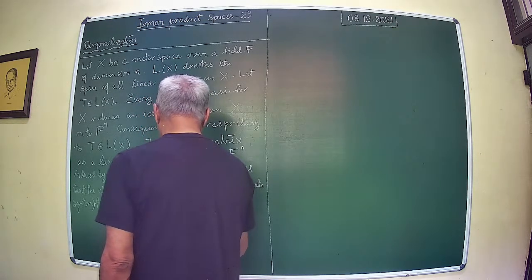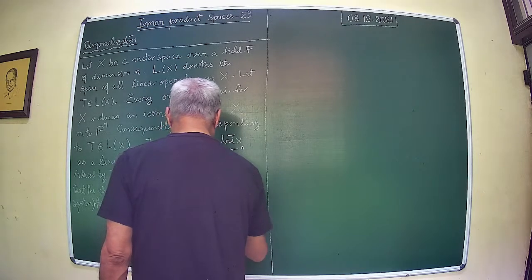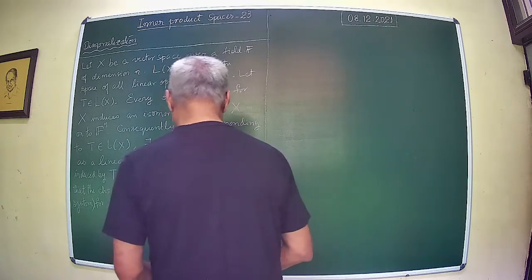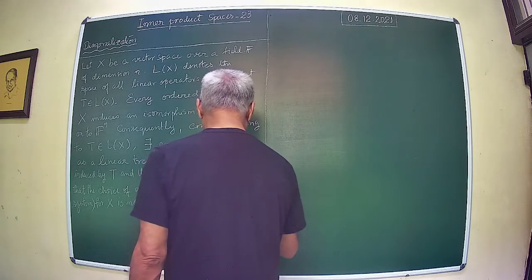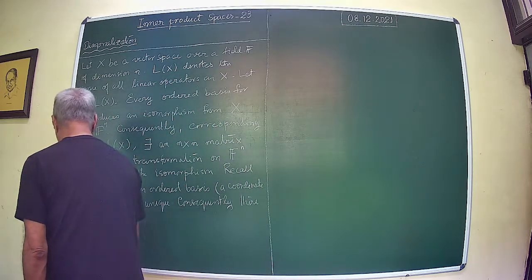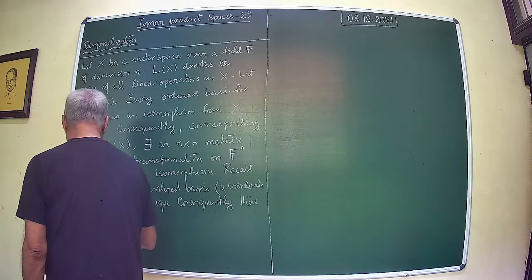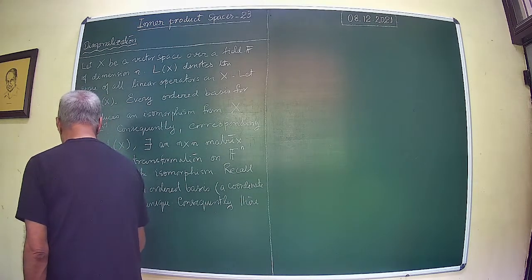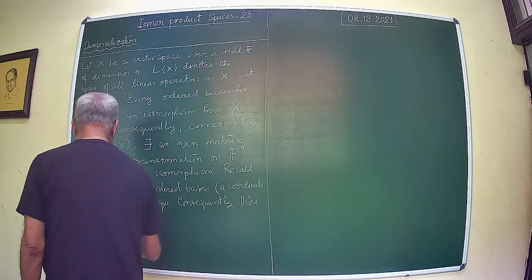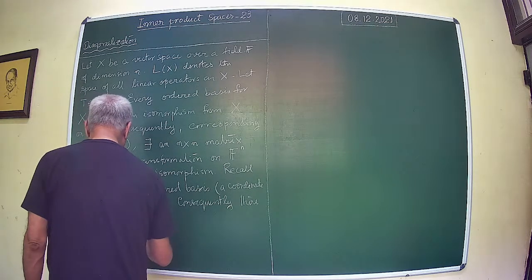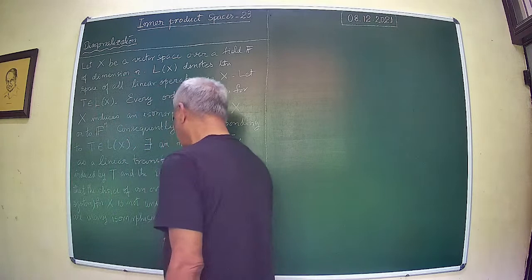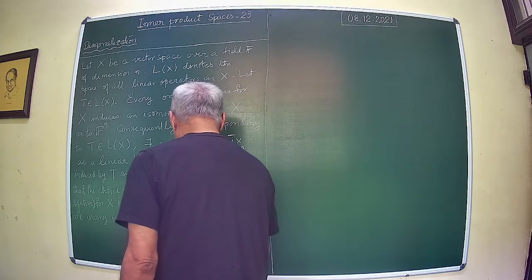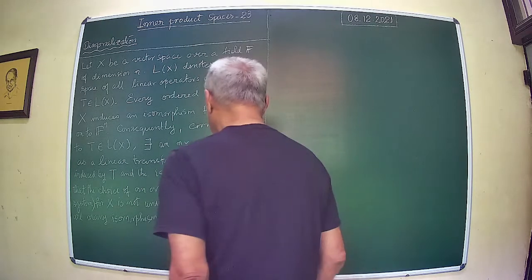Consequently, there are many isomorphisms onto F^n determined by this.